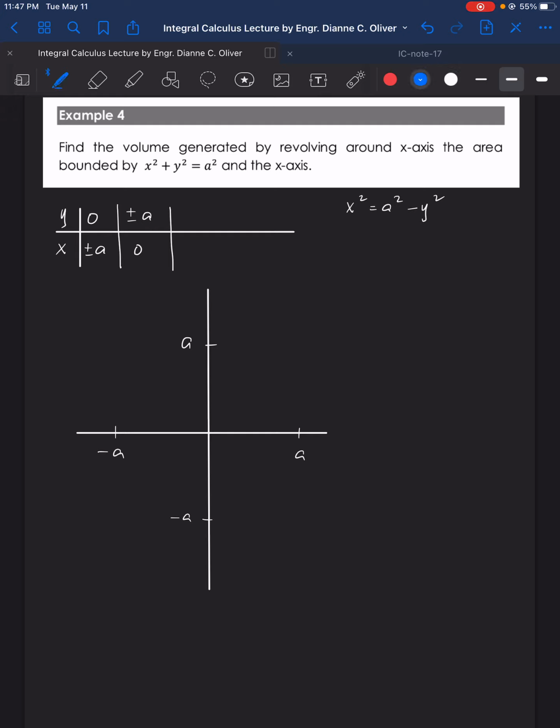So the limits are, the points are a. So if y is equal to 0, x is positive or negative a. If x is equal to 0, y is positive or negative a. So what we have here is a circle.